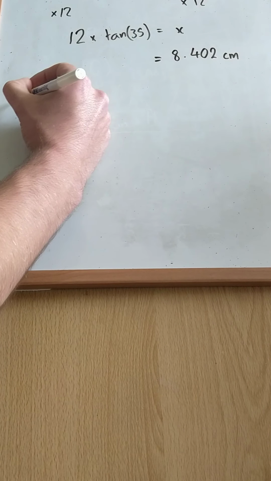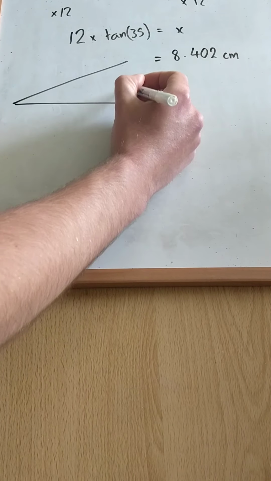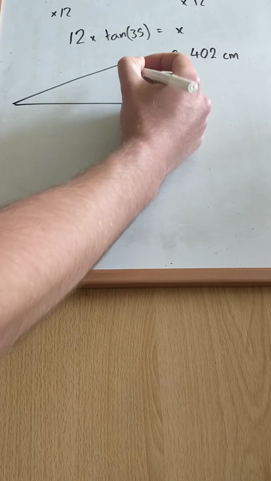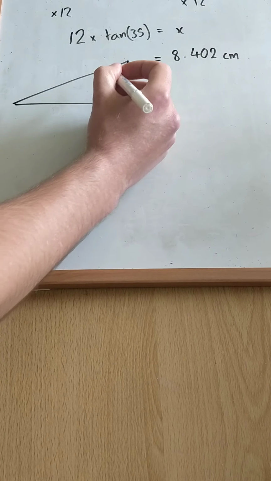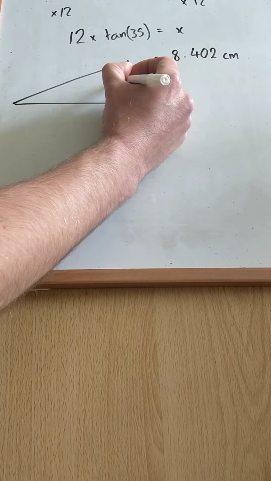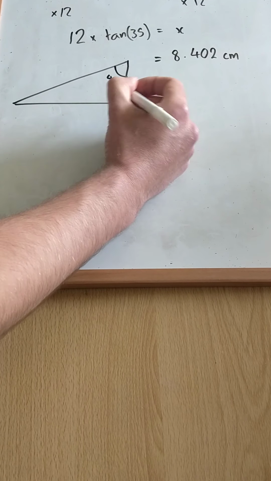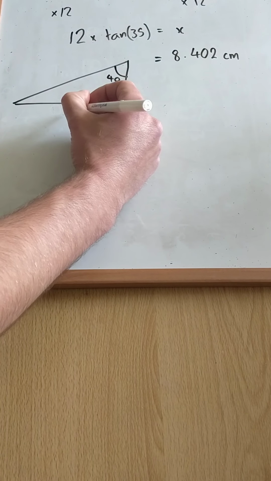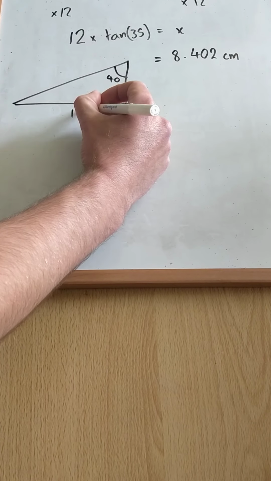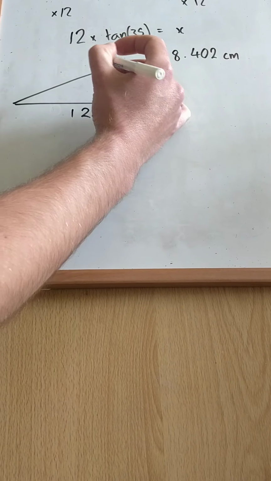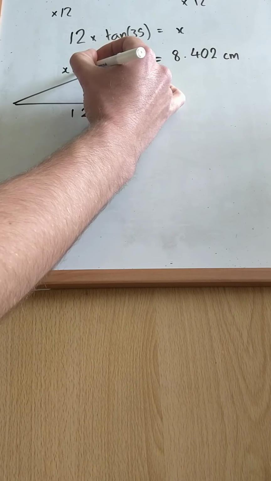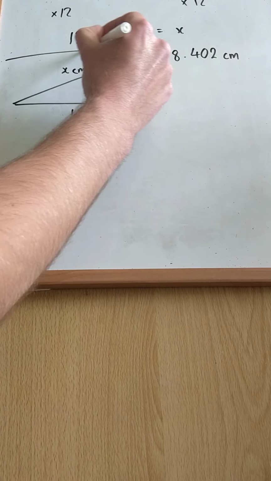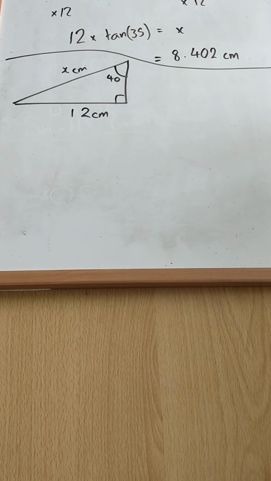So let's say we have an angle of 40 degrees here, and we have this side being 12 centimeters here, but I'm trying to find out the hypotenuse. Okay, so let's draw a line underneath that. So that is now the situation I've got where I'm trying to work out that.